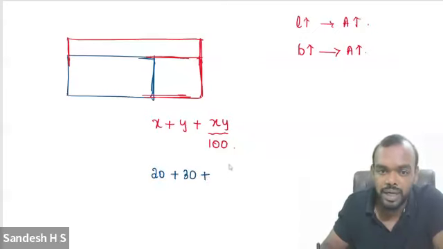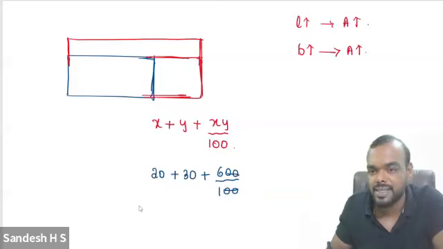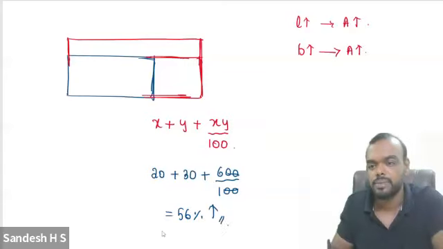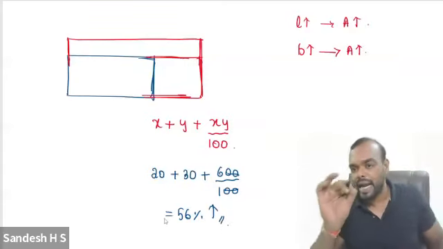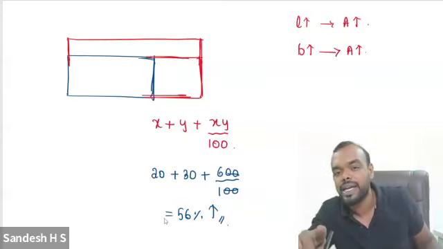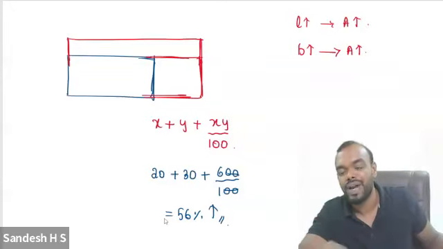X into Y, 20 into 30 is 600 divided by 100. Zeros cancel. 20 plus 30 is 50 plus 6 is 56% increase. That's all. If you can understand that the question is based on successive percentage, and if you know this formula X plus Y plus XY by 100, you can just answer the question in 5 to 10 seconds, people.